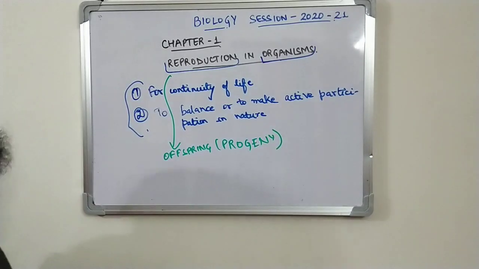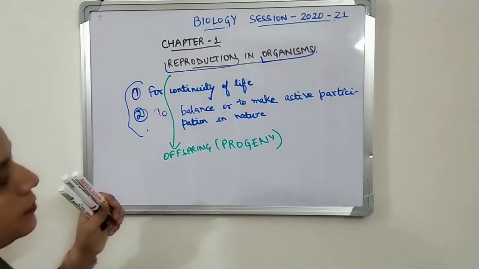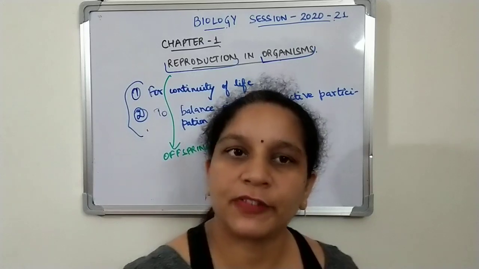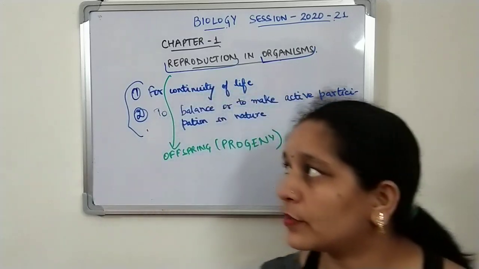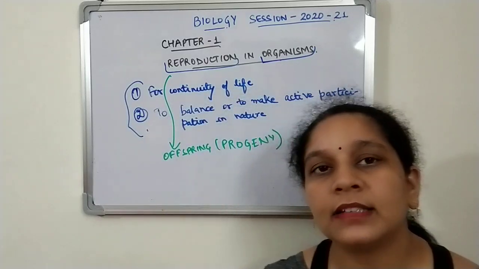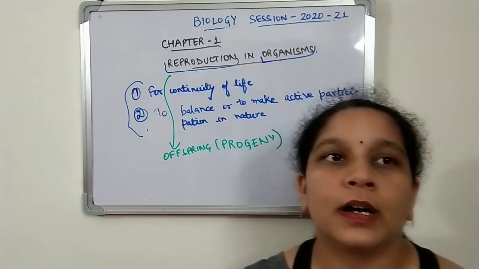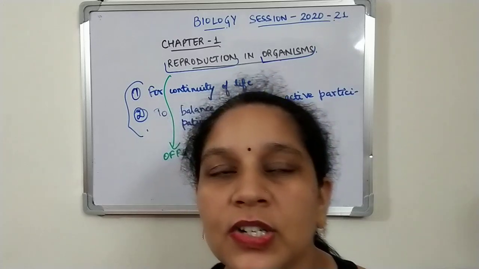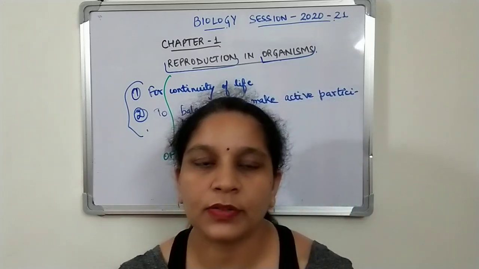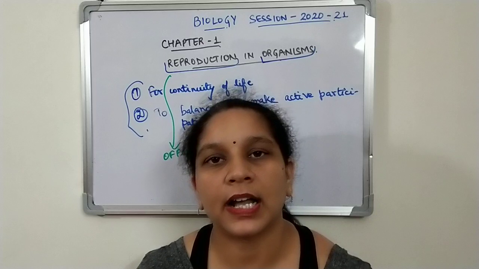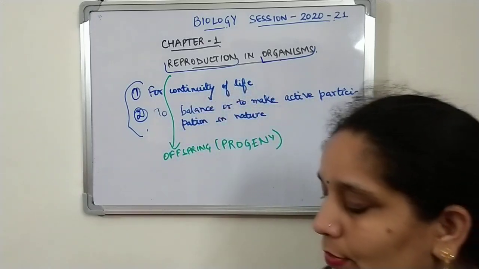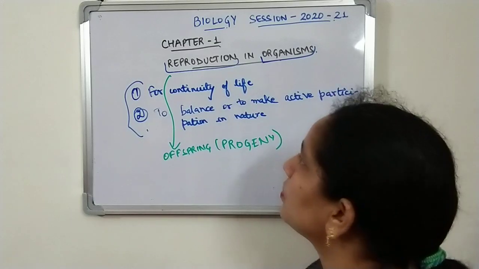Now, after that we are going into the detail of how these offspring are formed. The offspring are formed basically by the process of reproduction, but there are differences between the reproduction methods. Based on whether the reproduction is from a single parent, from a lower organism or a higher organism, or from two parents, reproduction can be broadly classified into two groups.